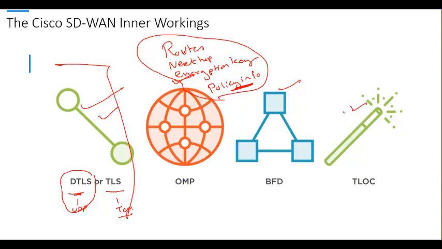So that becomes the TLOC. We already saw what the TLOC carries, like next hop, color, and so on, in OMP. So this information helps to build the SD-WAN topology.